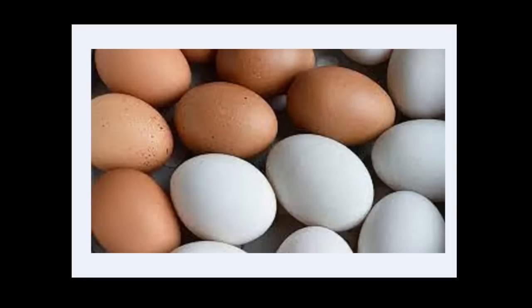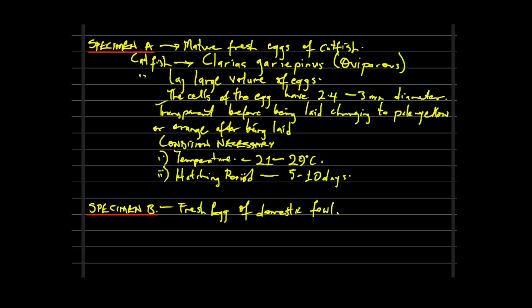Now, like I said earlier on, the shell is calcareous in nature, and this makes it possible for the eggshell to provide mechanical protection to the contents of the egg, to the internal structure of the egg.